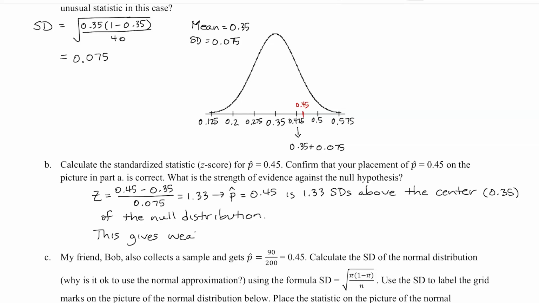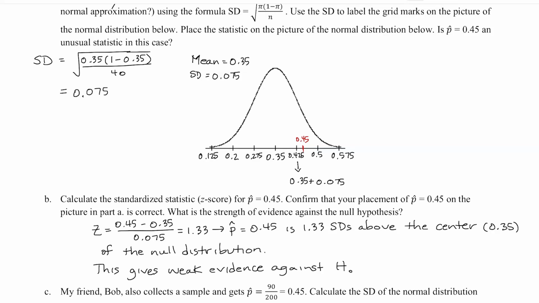Right? And the strength of evidence against the null hypothesis, that's weak. Right? When we're within 1.5 standard deviations, we have weak or little to no evidence against the null hypothesis. So 0.45 then is not an unusual value, right?